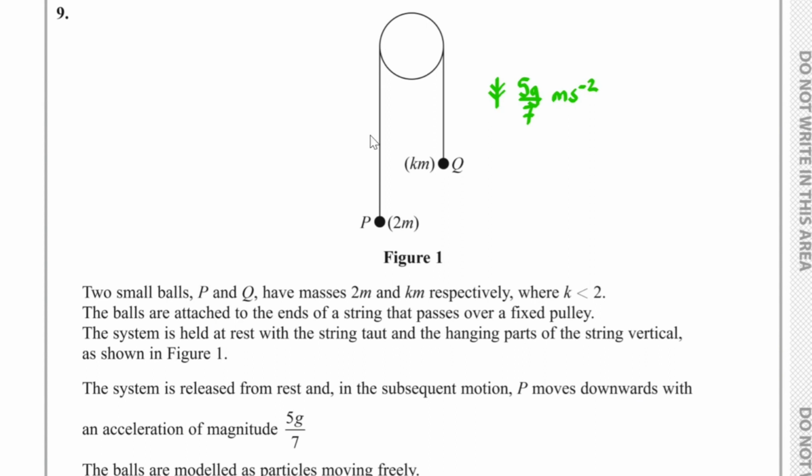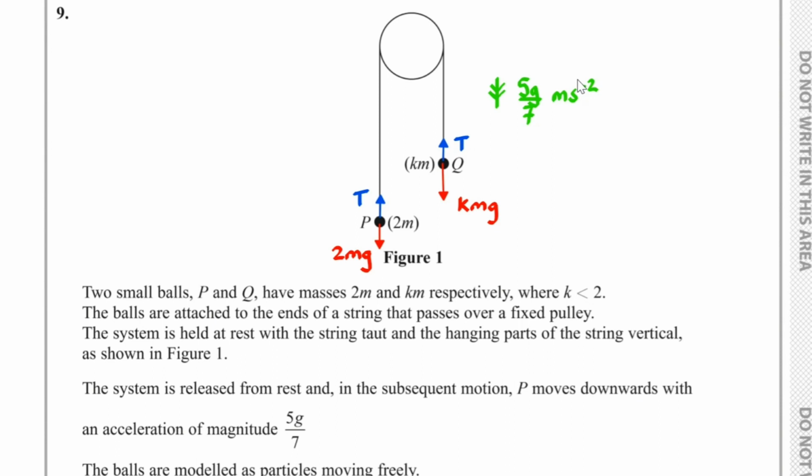We've got the weight from P, that's going to be given as 2mg. And here we've got the weight going downwards, we've got kmg. And then we've got the tensions, which are the same. So here we've got a tension T, and here I've also got a tension T.